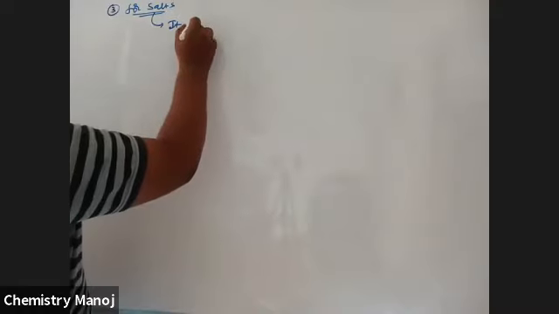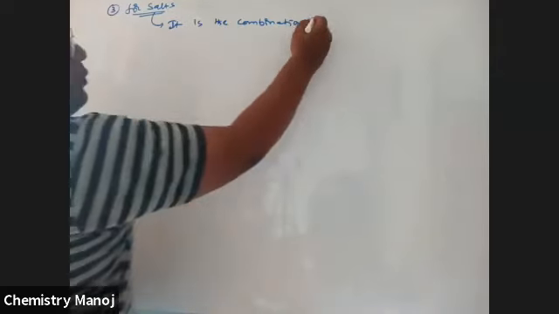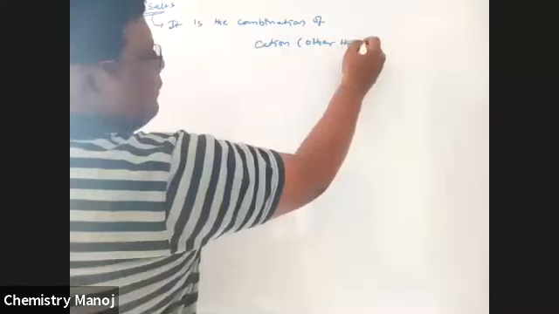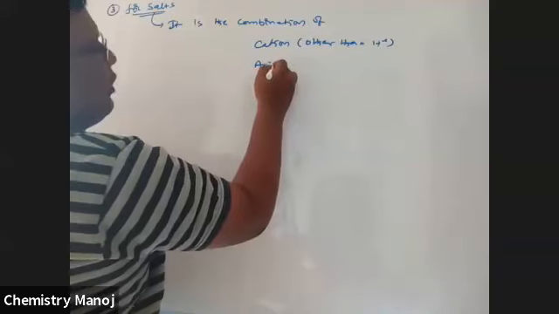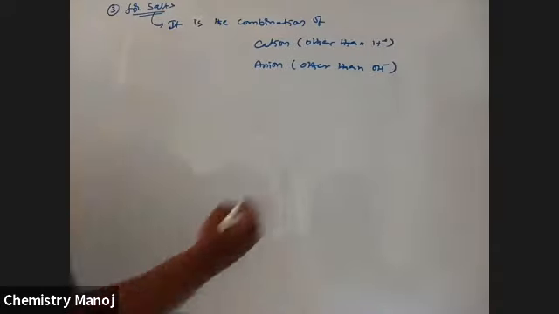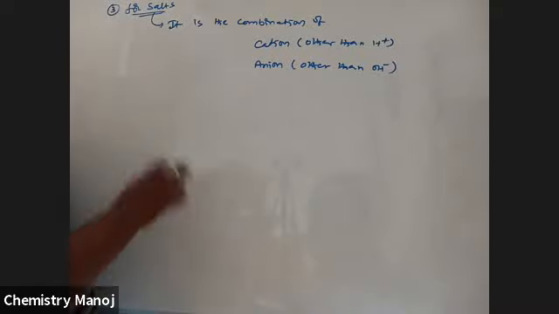What is a salt? A salt is the combination of a cation other than H plus ion and an anion other than OH minus ion. The cation is not H plus, the anion is not OH minus. If it is H plus, that is an acid. If it is OH minus, that is a base. Other than H plus and OH minus, any other cation and anion combination is considered a salt.